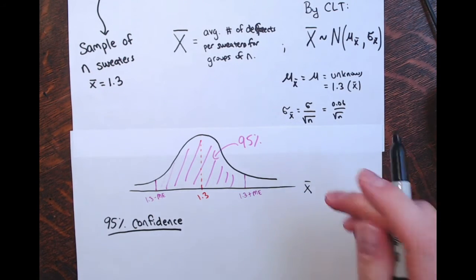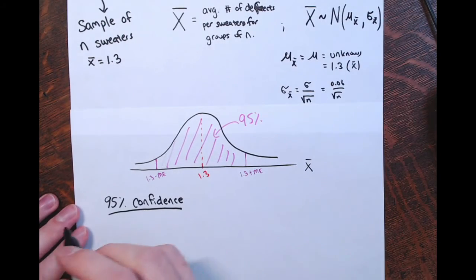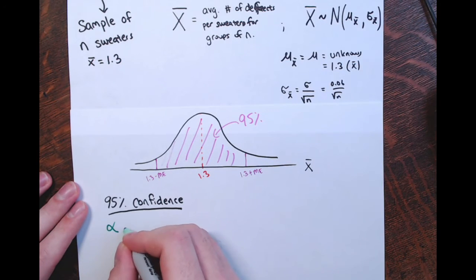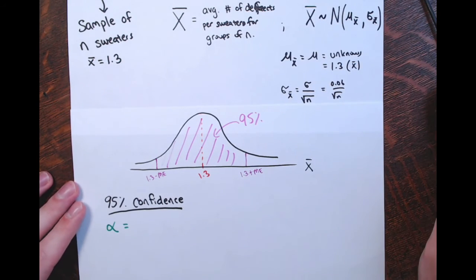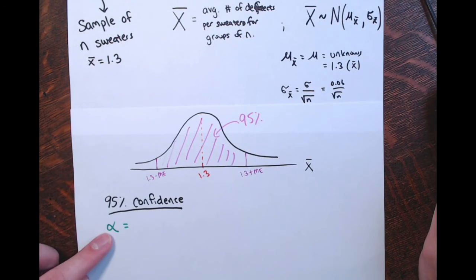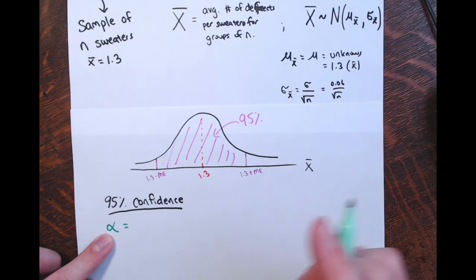Now, if the area that I'm looking at is 95%, the area outside this is 5%, and that's the alpha that keeps getting brought up if you're reading the book. This value called alpha is sometimes referred to as the significance level, and it's just the area left over.